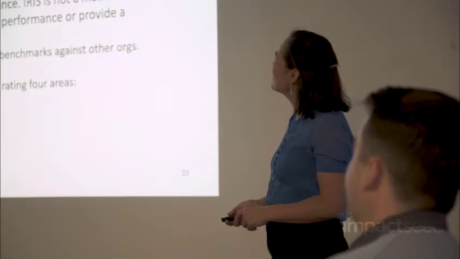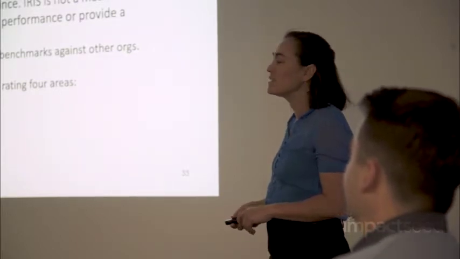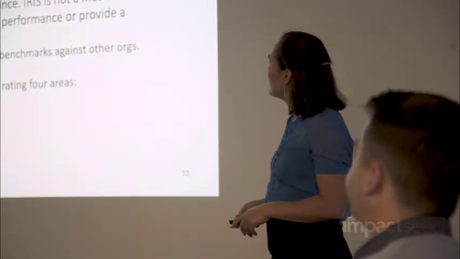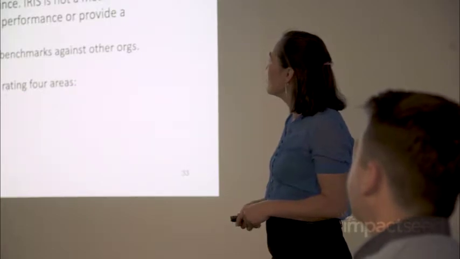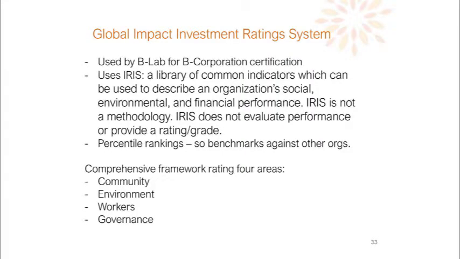So GEARS, the Global Impact Investment Rating System, is used for B-Corp certification. Sven's going to go into B-Corp in a bit more detail in a minute, in a very short space of time. But it uses IRIS. IRIS is a library of indicators.